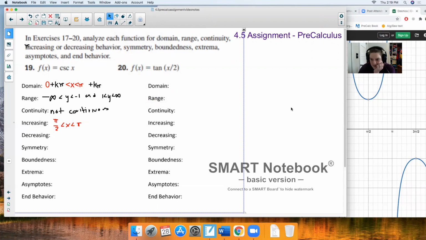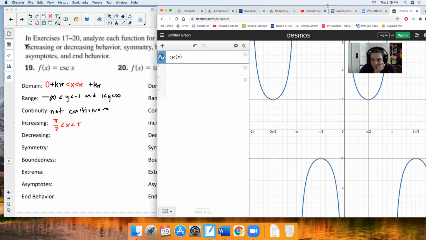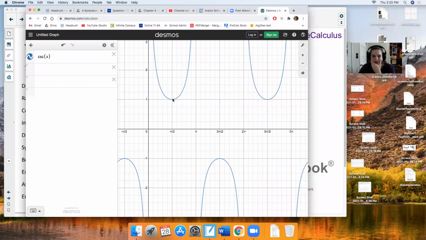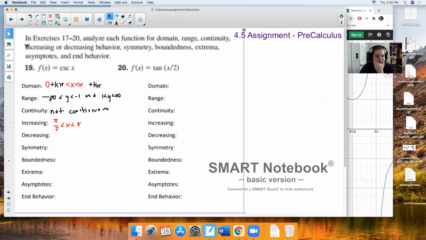So if we look at it, we're saying it's increasing from pi over 2 to pi. Oh, and then down here, but then every, I suppose, 2 pi. Yeah, from here to here is 2 pi. So we will stretch this out a little. Let's see if I can do that.